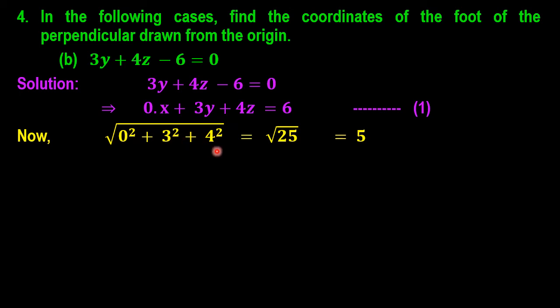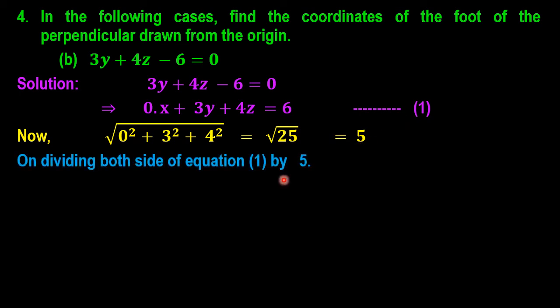So after replacing the values here and after simplification we get 5. Now we divide equation 1 throughout by 5. We get 0 by 5 into x plus 3 by 5 into y plus 4 by 5 into z equals 6 by 5. Now these are the direction cosines. L is 0 by 5, M is 3 by 5, N is 4 by 5 and D is 6 by 5.